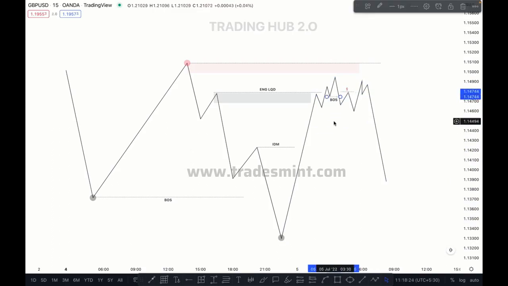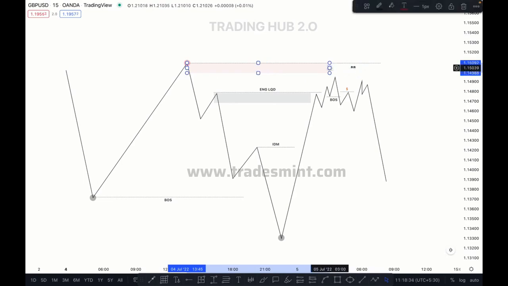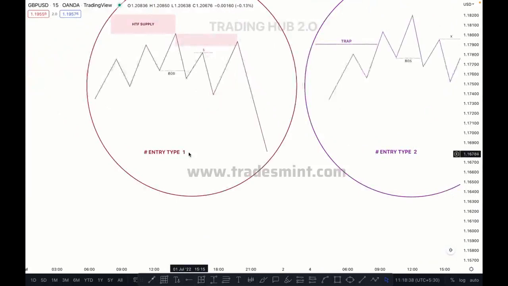Because you know the market took out the engineering liquidity. Our main purpose is taking out the engineering liquidity, not mitigating the zone, correct? If the market mitigates the zone, which is very good, then you have to apply entry type 1, okay, like this. The market takes out the minor inducement and we can sell here.